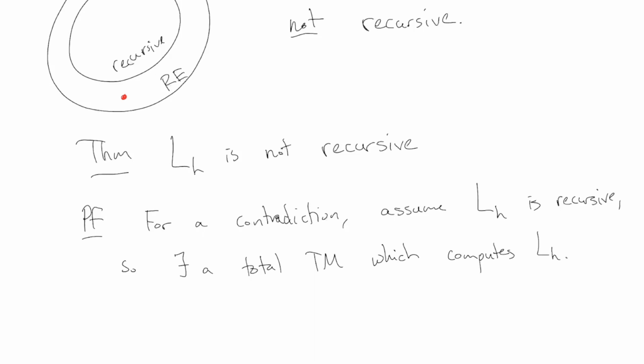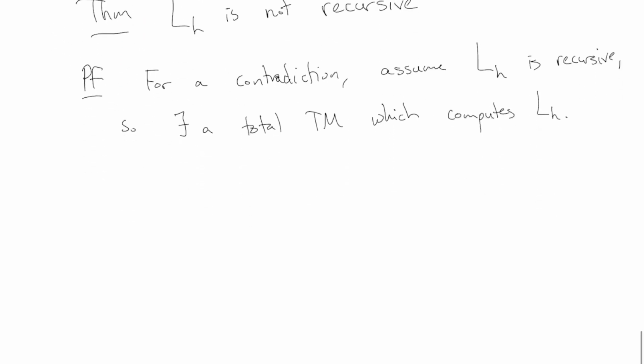That's what it means to be recursive. Total Turing machine, that means it can do this without having any infinite loops. That's what total Turing machine means. I would say, i.e., there exists an algorithm.